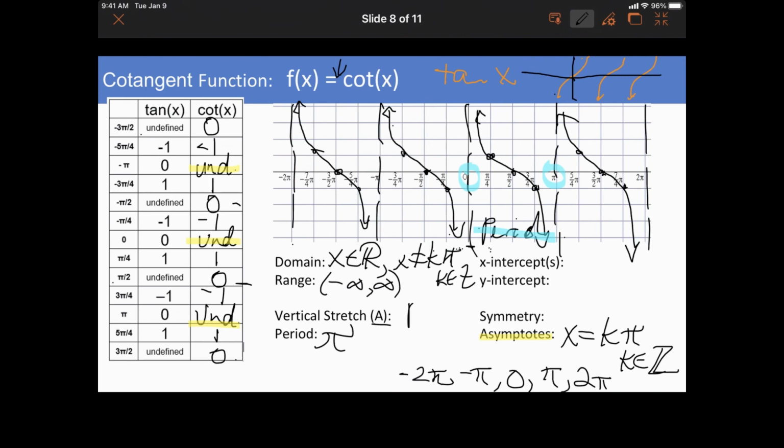The x-intercepts are going to be pi over 2 plus k pi, comma 0, and k is an element of Z. And the y-intercept is none. The symmetry is odd.